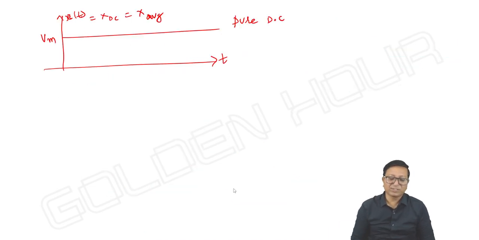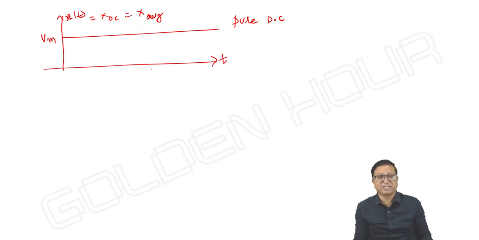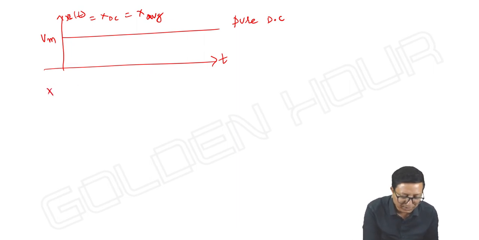Next, if you take this, what is its average value? That signal itself. DC or average, both are the same. Or if you calculate it, this signal has no period. So how to calculate its average value?